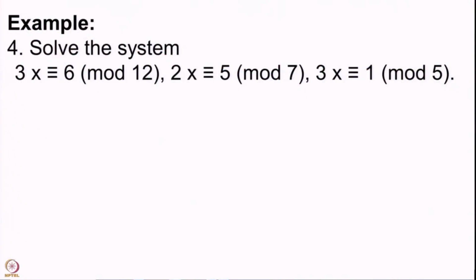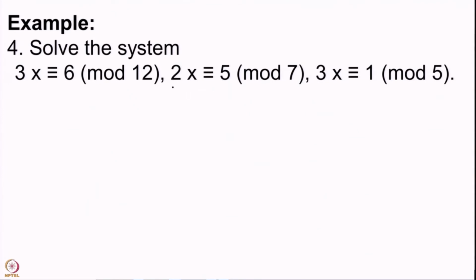So, having solved this third problem, let us go to the next problem, which is slightly more complicated, because here all the 3 systems are with coefficients of x not equal to 1. So, we need to convert these into systems where the coefficients of x are 1, and for that we have to simply compute either the inverses, which we can do here.